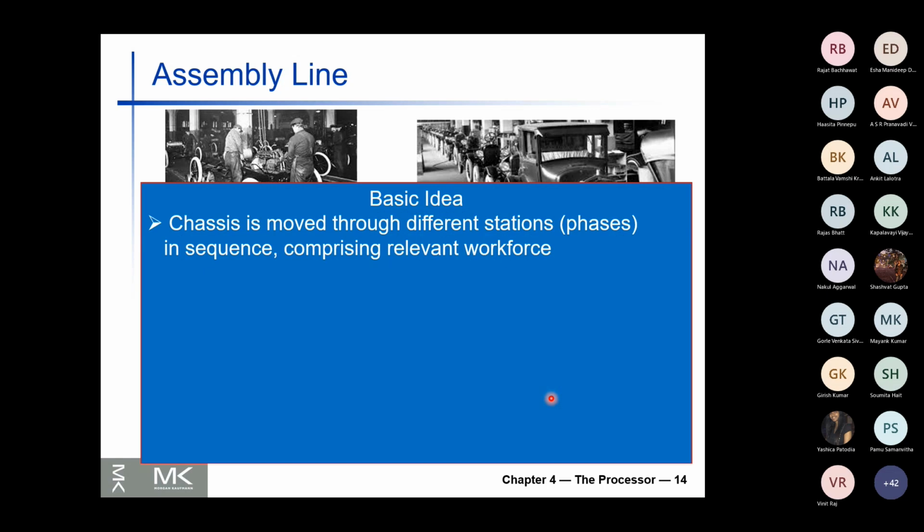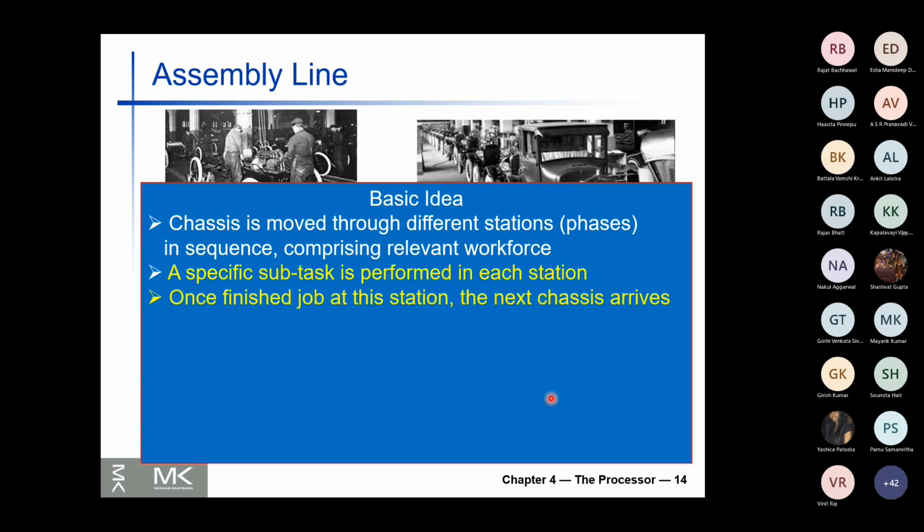So instead of finishing one job at a time, just like in the single processor case, what we do is in multi-cycle or multiple stages, just like the car manufacturing. The chassis is moved through different stations or phases in sequence, comprising the relevant workforce. And in each station, you perform some specific task.